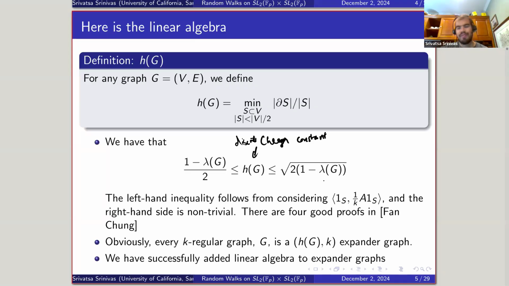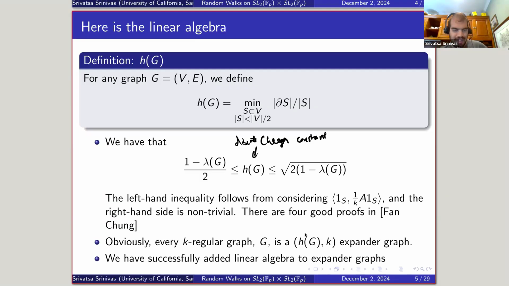The lower bound is not too bad, it's just applying the definition. The upper bound is actually non-trivial. There are four great proofs found in a paper by Fan Chung called something like "Four Proofs of the Discrete Cheeger Inequality," and one of the proofs actually goes through the PageRank algorithm used by Google. So that's interesting.